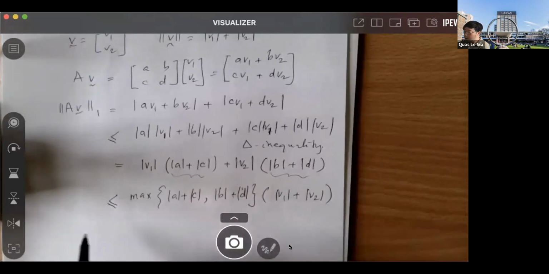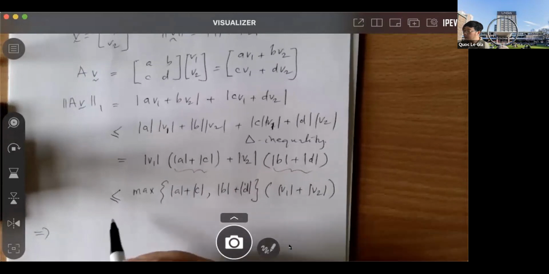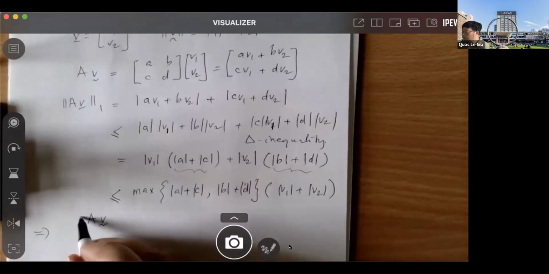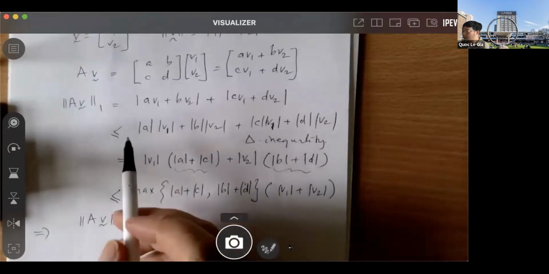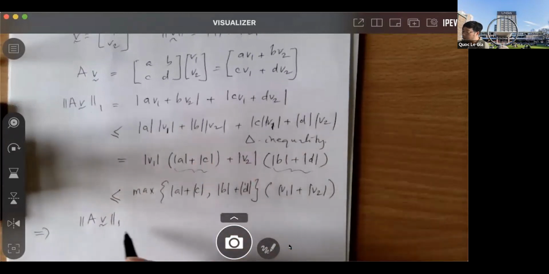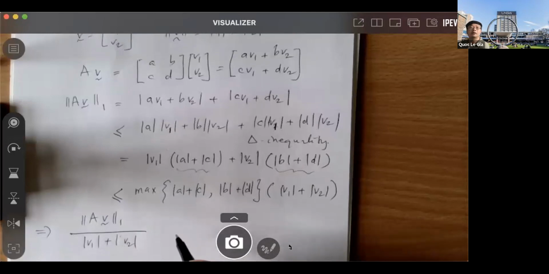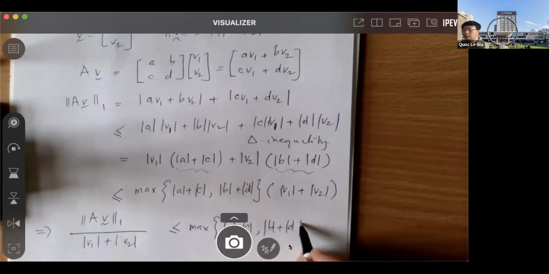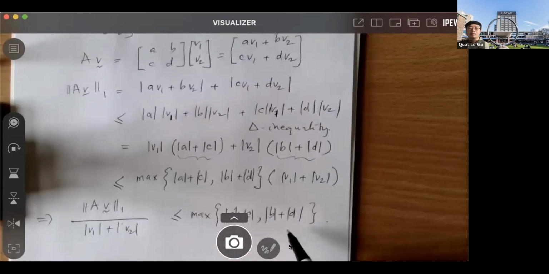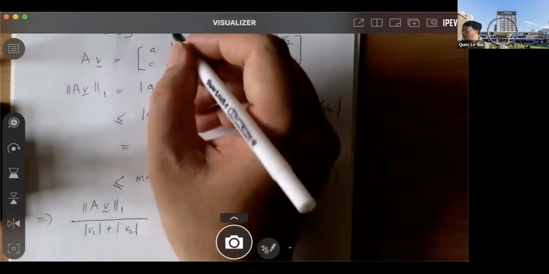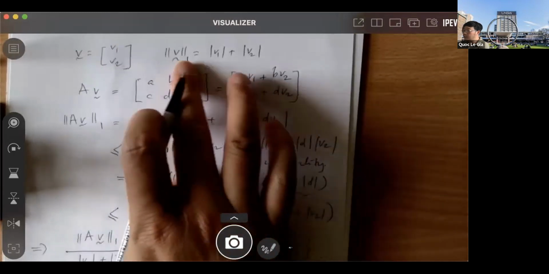And now what do I have? Now I just divide. I take the one norm of AV. Remember, I started from here and got up to here. I just divide by V1 absolute value plus V2 absolute value, and it is less than or equal to the max of the absolute values of A plus C, and B plus D. But this denominator is nothing but the one norm of V, remember?